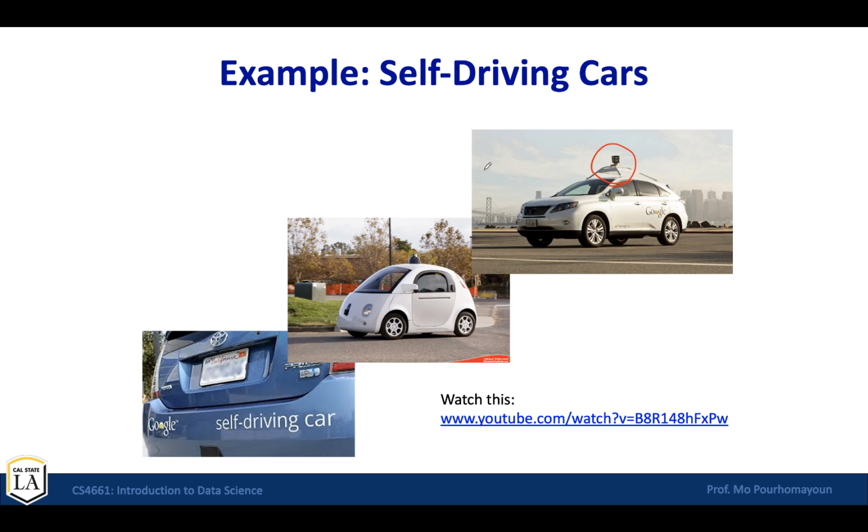It learns how to drive from experience. So if, for example, a human driver drives the car, the machine learning and data science algorithm in a self-driving car will learn how to drive from that person. This is how they train their models.